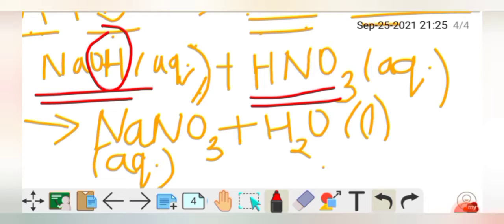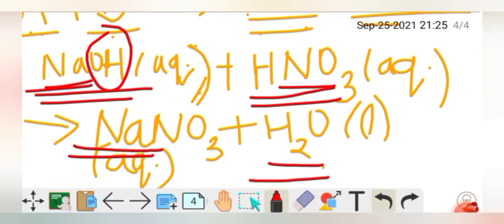When it reacts, it forms salt and water. It has formed sodium nitrate and water. You can separate water and the rest is salt. So Na, then NO3, and here H2O. Except H2O, it is NaNO3. So I hope you understood the definition through this example.